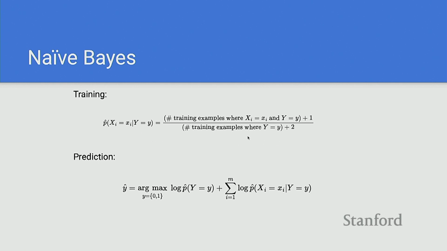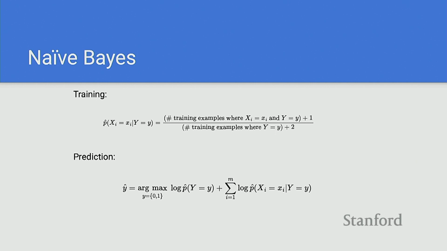The thing you typically want to do is a Laplace smoothing, which means add 1 to all your numerators, and then add 2 or however many to your denominators, so the data set is still balanced. Usually this is just a counting problem: you count the number of times where xi equals xi and big Y equals little y, and you divide it by the samples where Y is equal to little y.